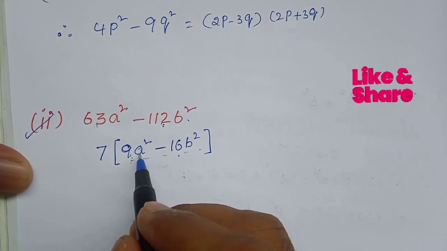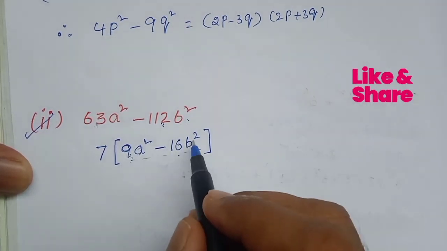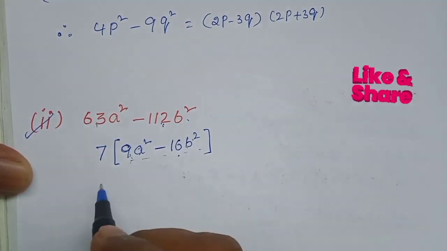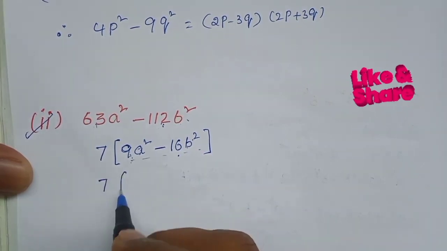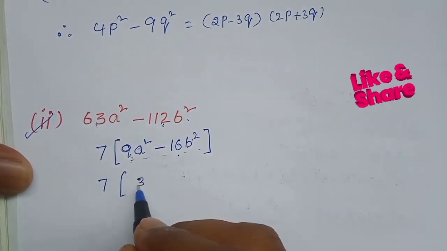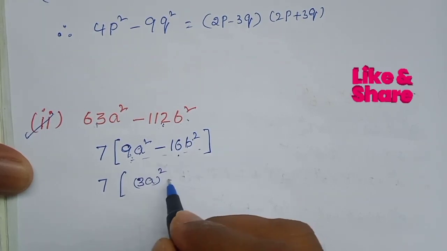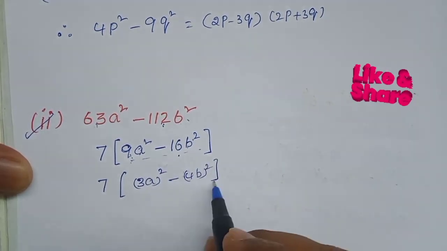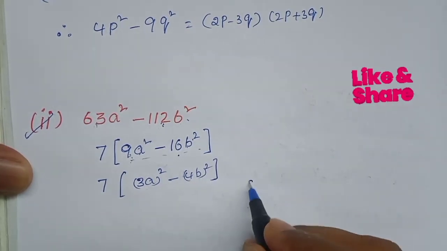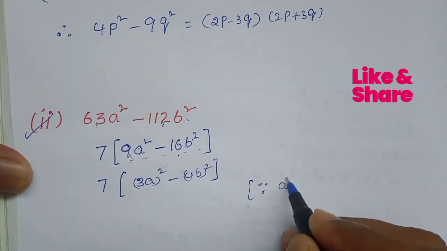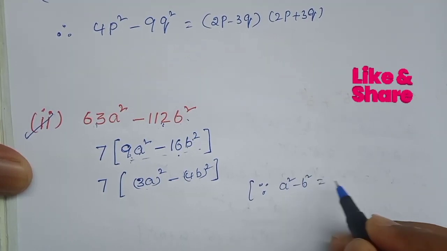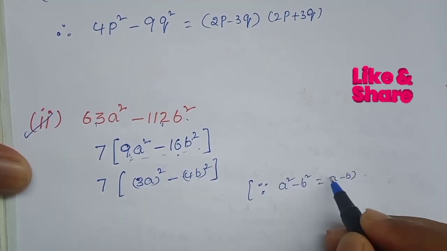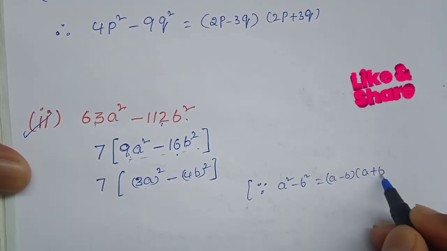9a square can be written as 3a whole square and 16b square as 4b whole square. See, 7 into 3a whole square minus 4b whole square. Now see, this is in the form of a square minus b square. What is a square minus b square? It is a minus b into a plus b.